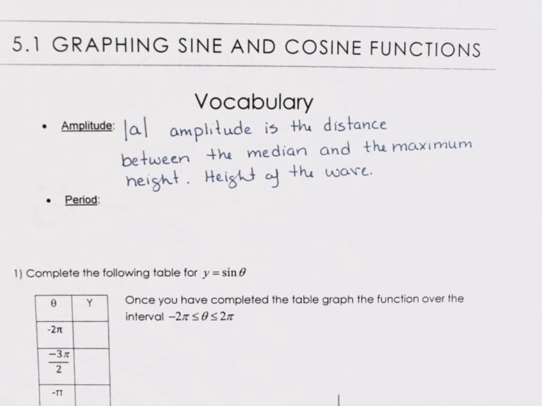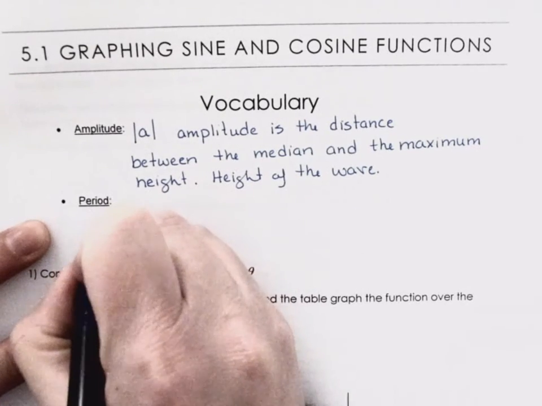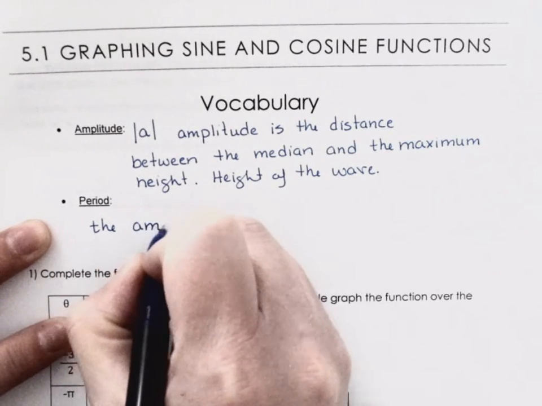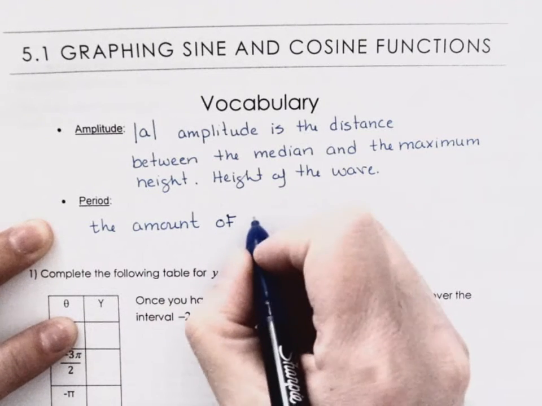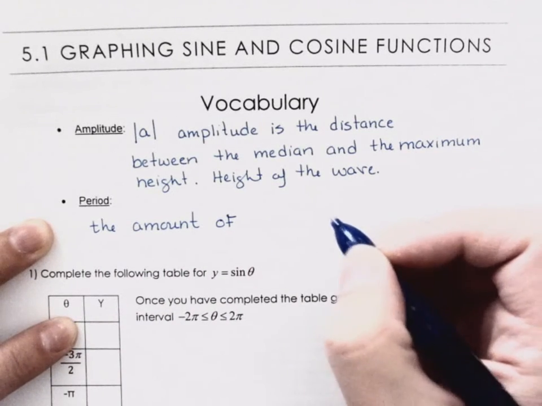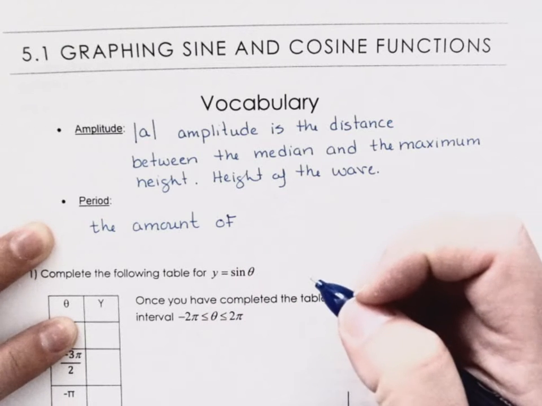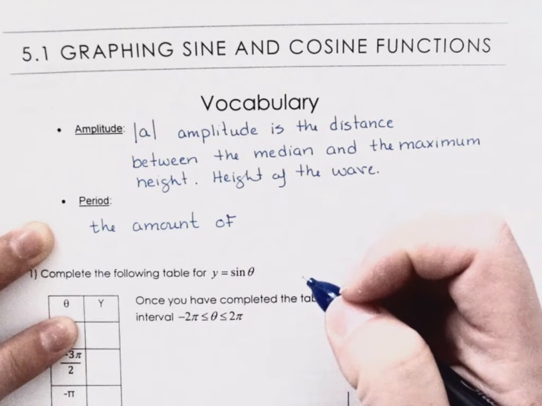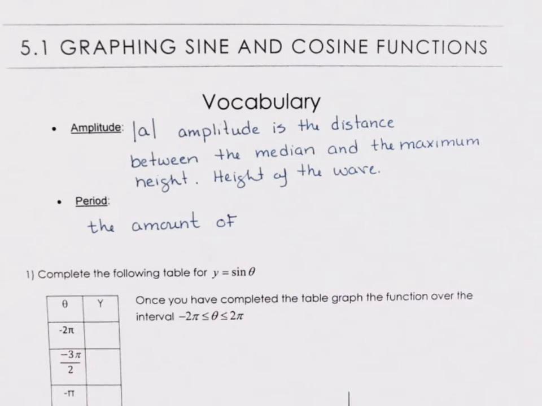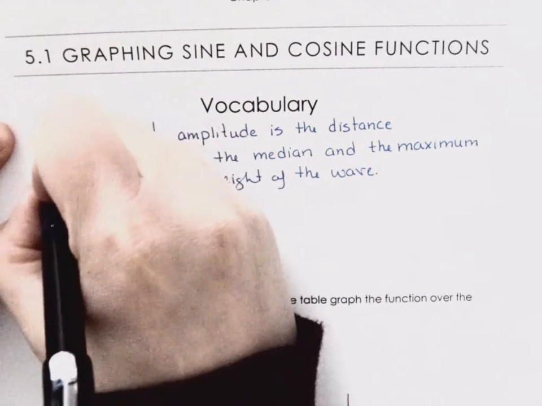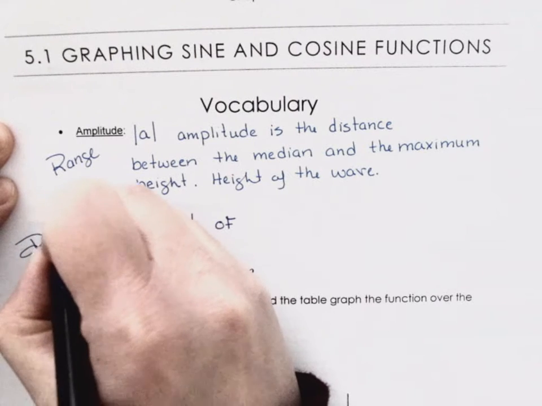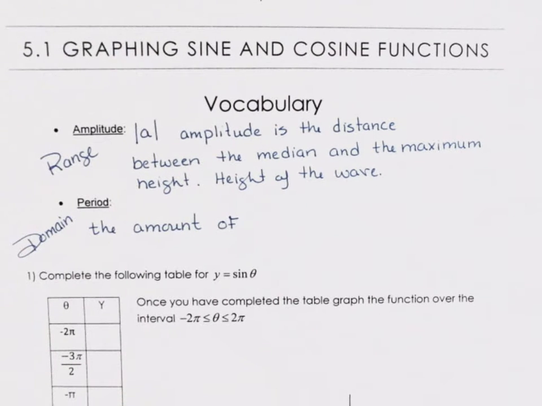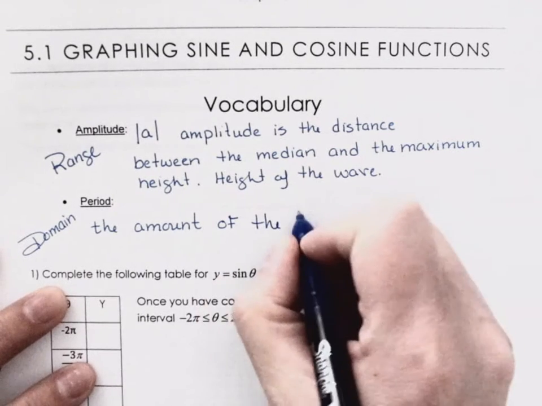Okay, so the period is... I want to say the amount of time, but that's not correct. It is the period. Okay, so this deals with range. Amplitude deals with range, and period deals with domain. So we're looking for, over the domain, the amount of the domain, let's say that.